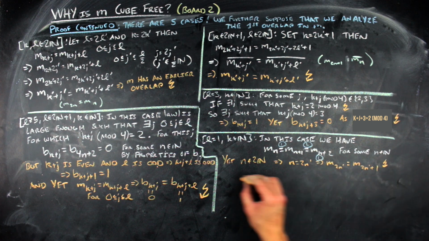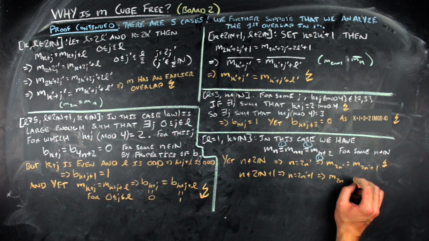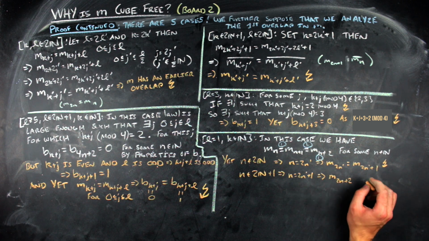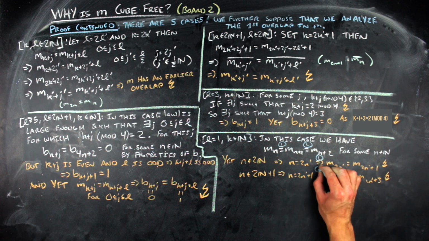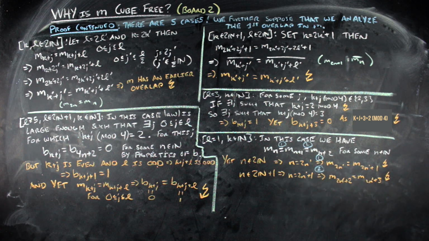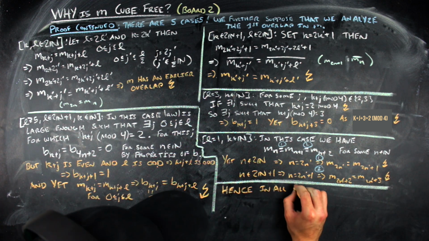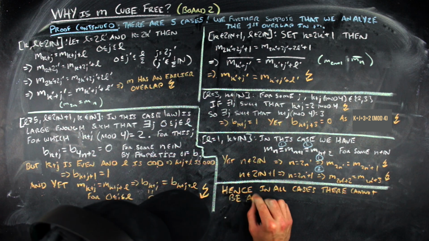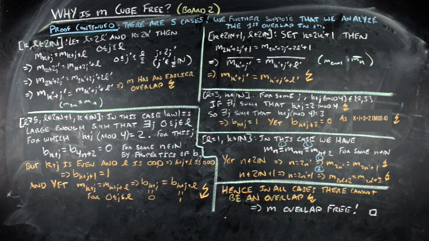And for n odd, n is then some 2n prime plus 1, and we have from the second equality that M sub 2n prime plus 2 is equal to M sub 2n prime plus 3, which again explicitly cannot happen. So in all cases, M cannot have an awawa. That is, M is an overlap-free sequence of zeros and ones.